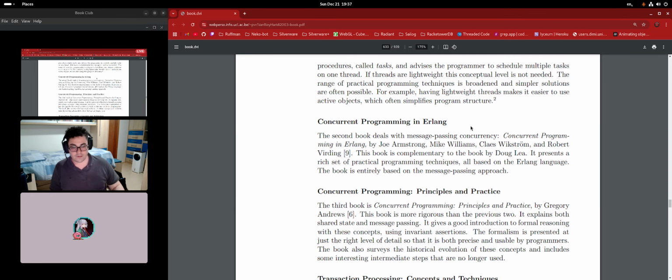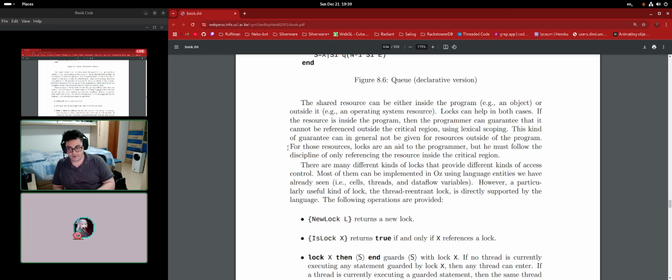If you're talking about a port or a socket or a printer, external devices, this is very hard. Well, you kind of can, but it's not the full solution using lexical scoping. For the resources, locking is left to the programmer, but he must follow the discipline of only referencing the resource inside the critical region. That's what I said: you must follow some discipline. It doesn't really matter that you have a controlled access manager if you are allowing other parts of your program to access that resource.